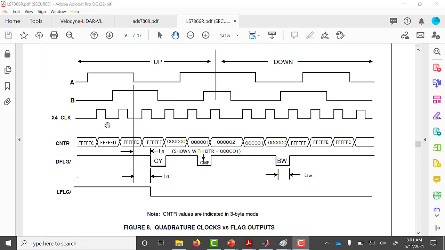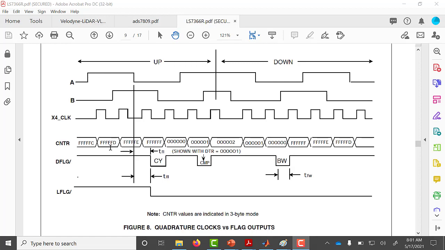And the transitions of the counter change on the rising edge of an internal clock. So here you're changing from, say, -4 up to -3 because A is leading B as it was clocked there.